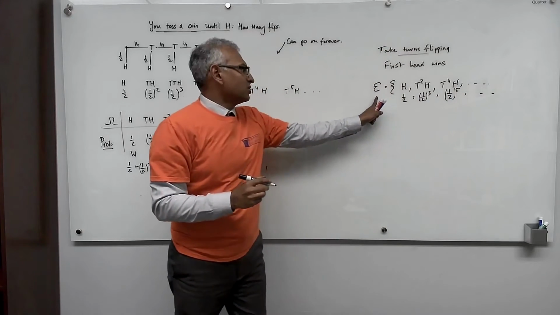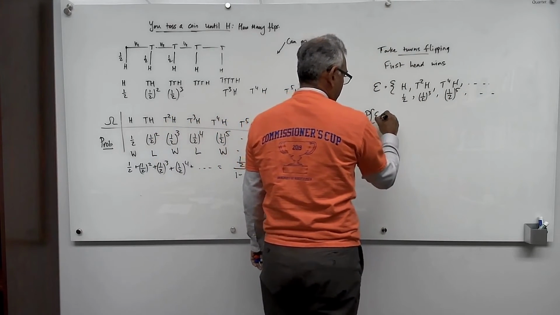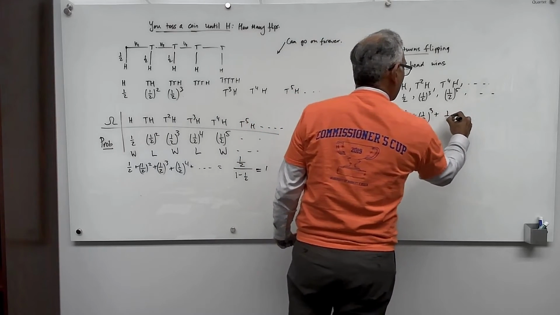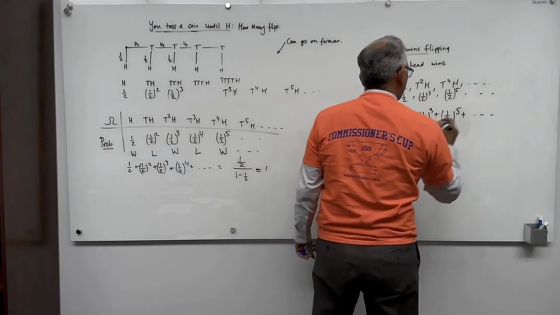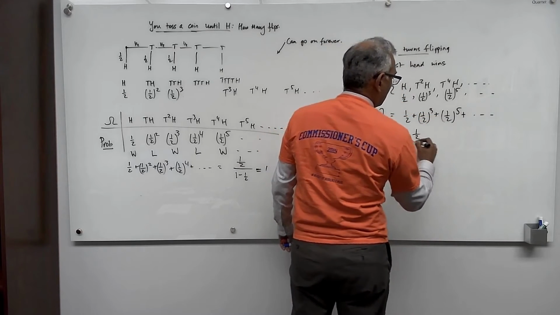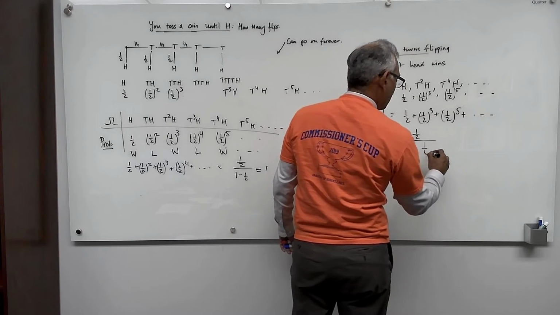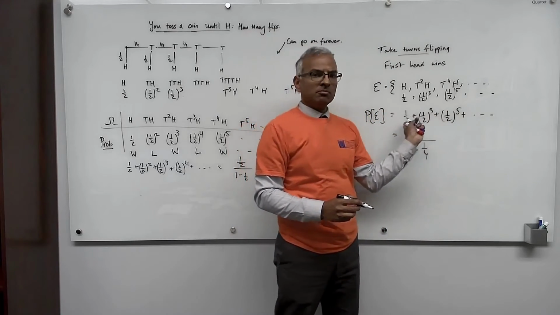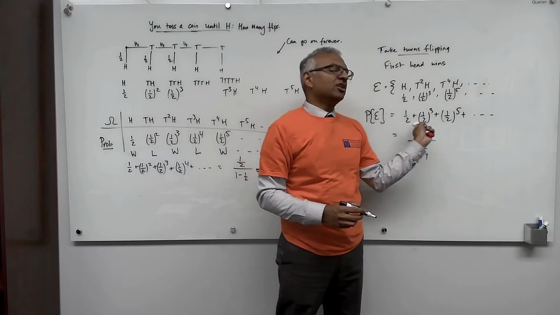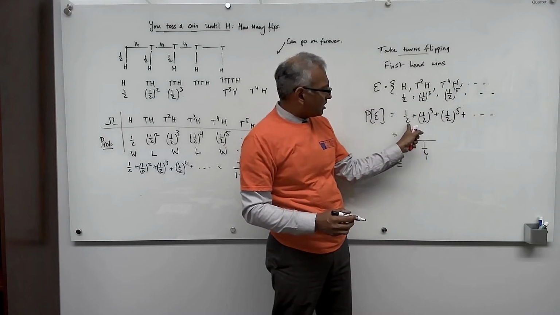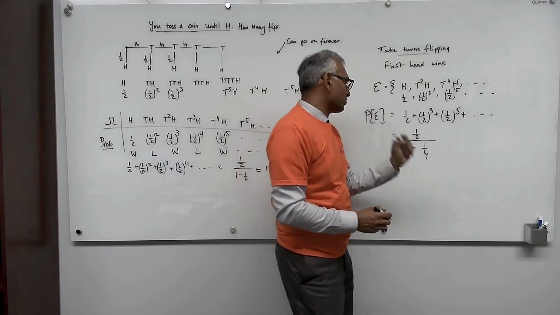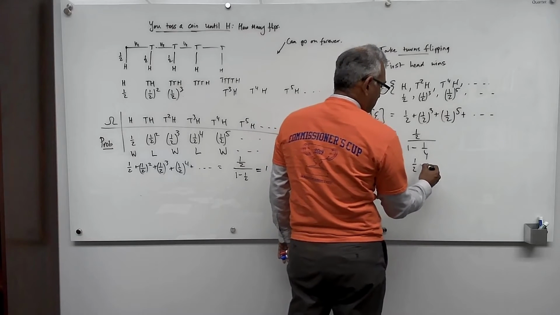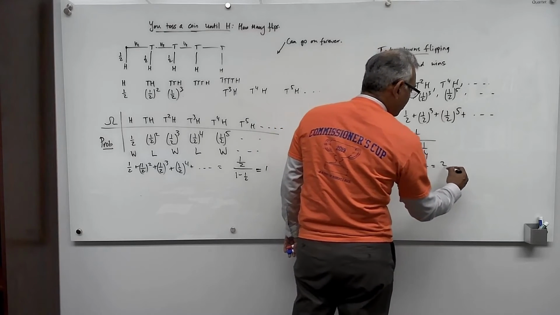So the probability of this event is equal to 1/2 plus 1/2 cubed plus 1/2 to the 5th and so on, which is equal to 1/2 over 1 minus 1/4, since the common ratio between these terms is 1/4. The sum of the infinite geometric progression is the first term divided by 1 minus the common ratio, which is 1/2 times 4 over 3, which is 2/3.